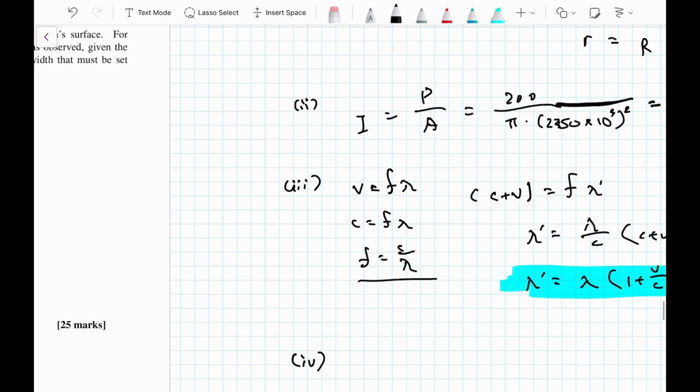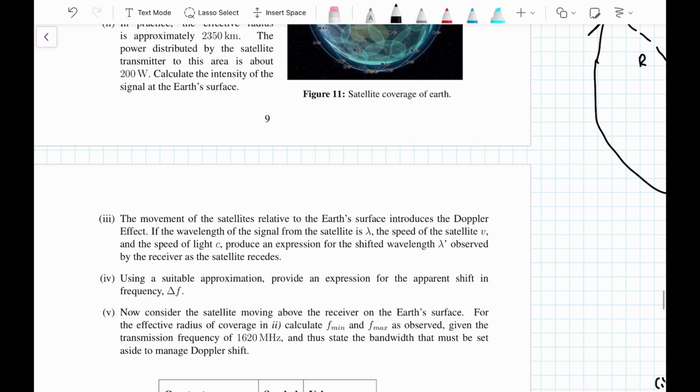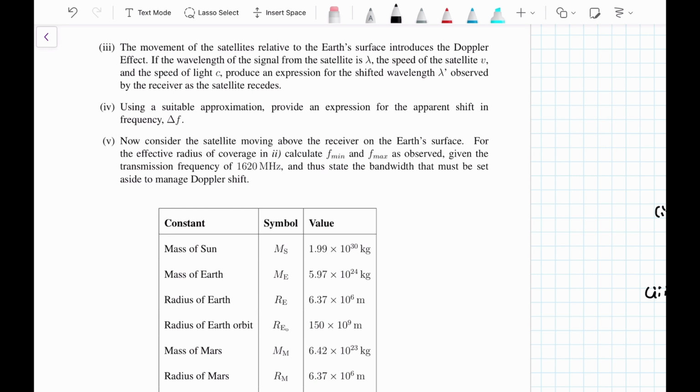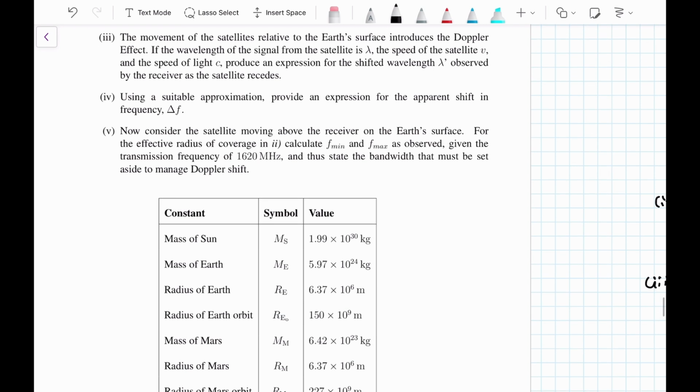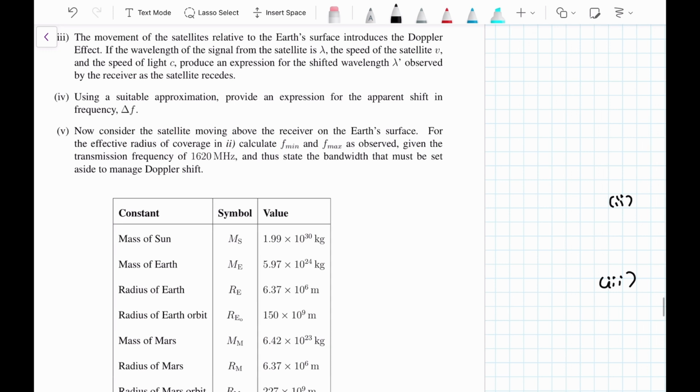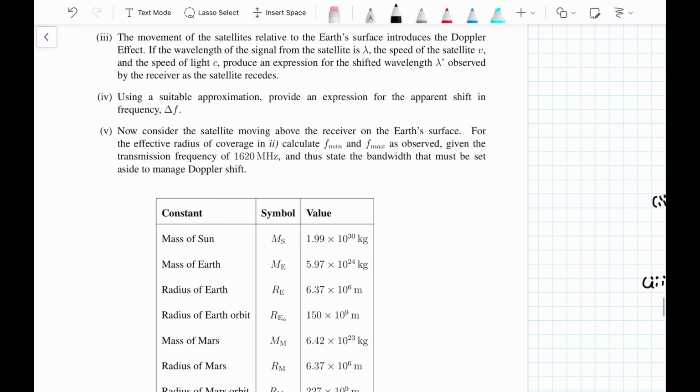The next part says, using a suitable approximation, provide an expression for the apparent shift in frequency. Well, this is also based on the Doppler effect, right? So, an approximation.